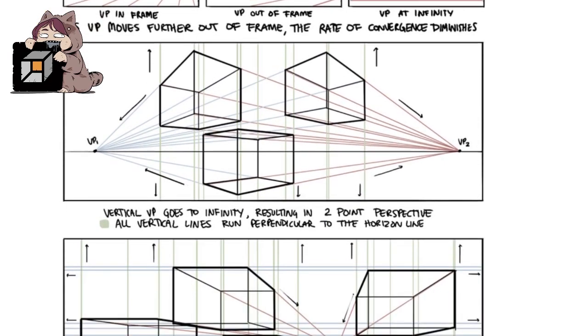And here we have 3 boxes. The vertical vanishing point goes to infinity, resulting in 2-point perspective. All vertical lines run perpendicular to the horizon line. And you can see the 2 vanishing points that remain.